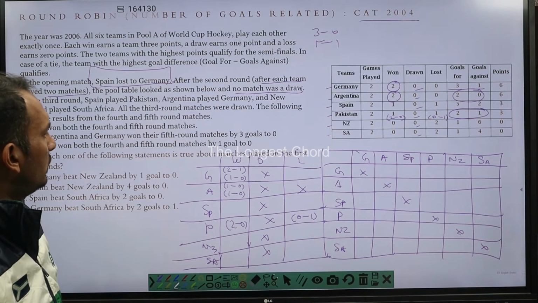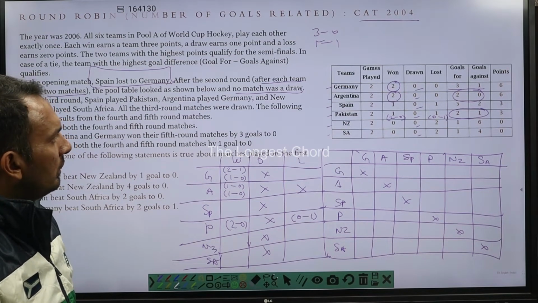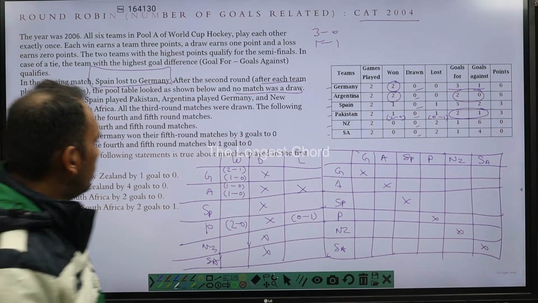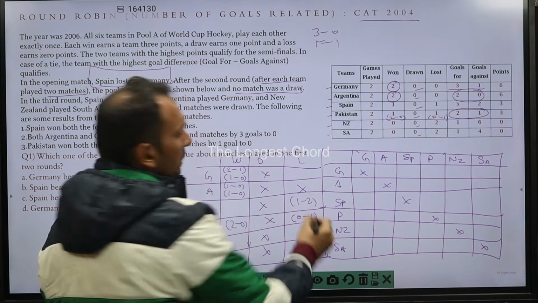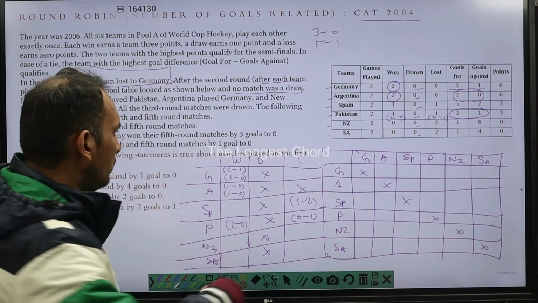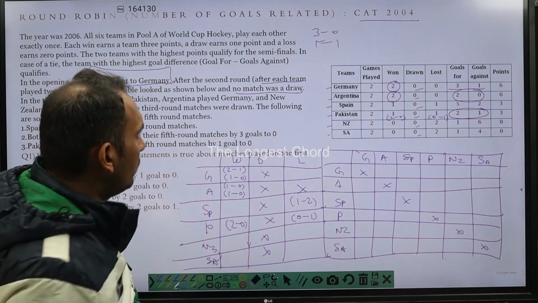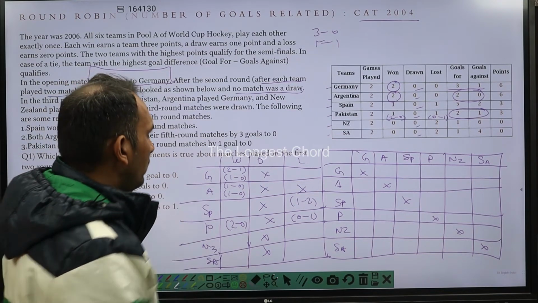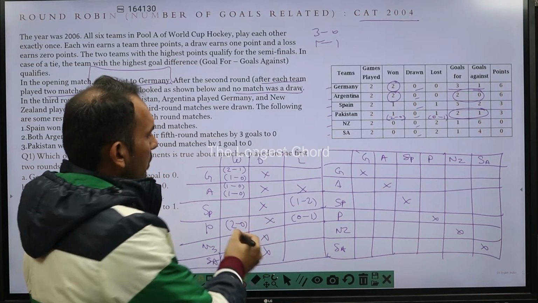Now Spain has lost to Germany. So let us just take Spain, Germany, let's say this is 1-2. If this does not match, then we'll go for 0-1 otherwise. So if this is 1-2 and the next is a win, can we say that it has to be 4-0?